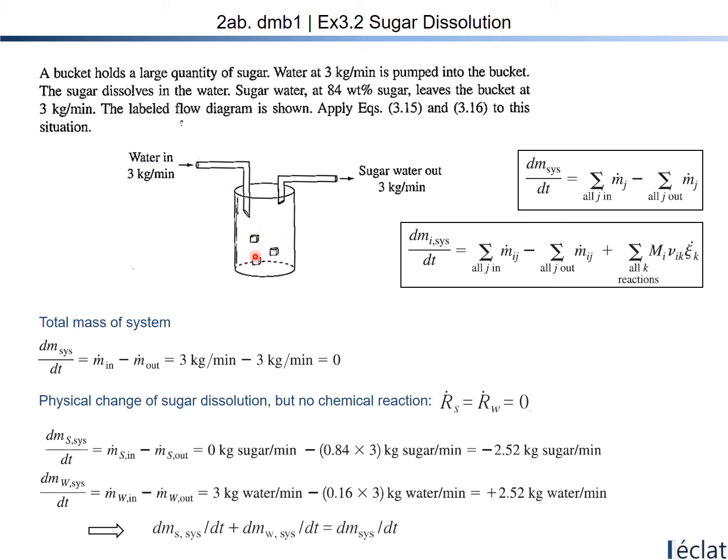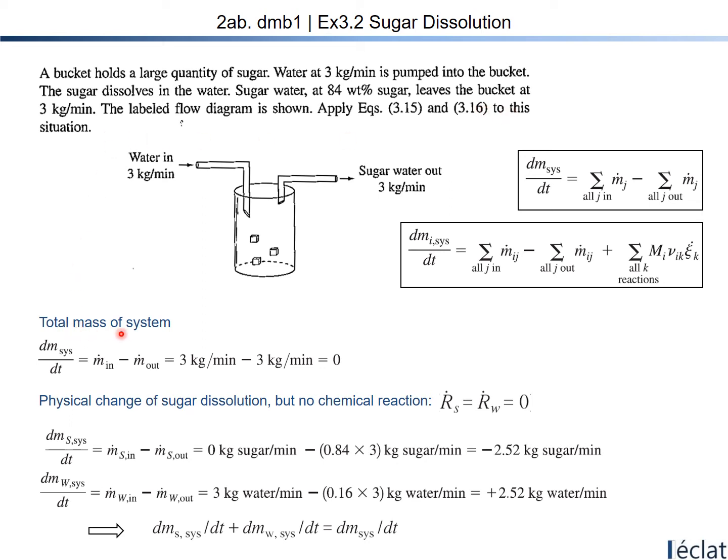The sugar dissolves in the water in the bucket, and the resultant sugar water at 84% sugar leaves the bucket at 3 kg per minute. The labeled flow diagram is shown here. Apply the differential mass balance equation for total amount and the component version of the mass balance equation to this situation.